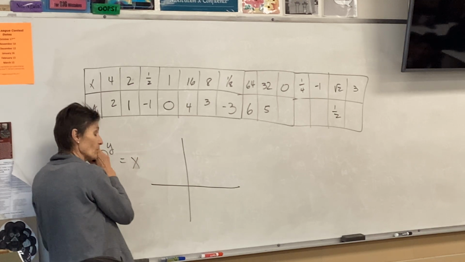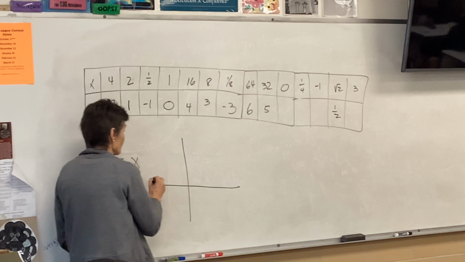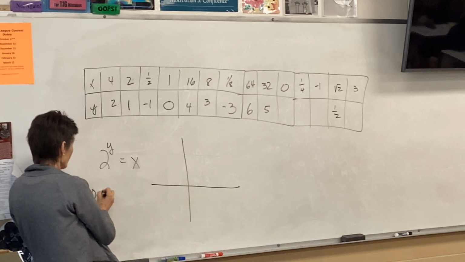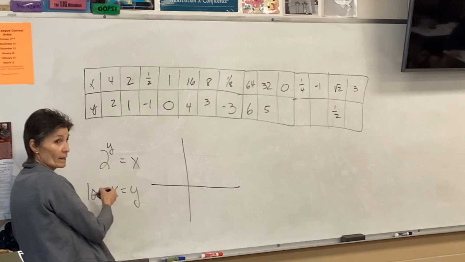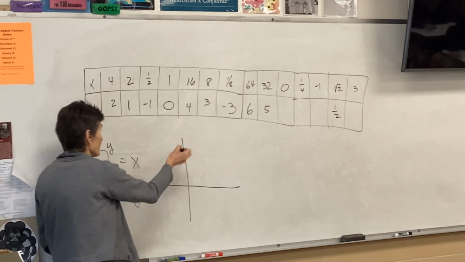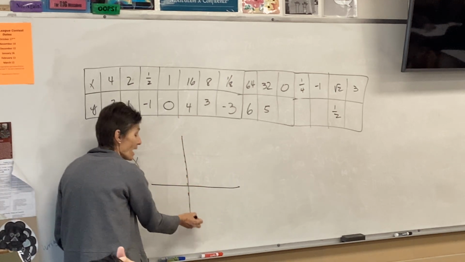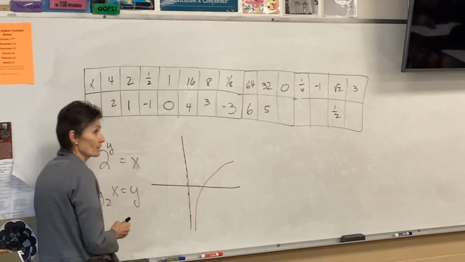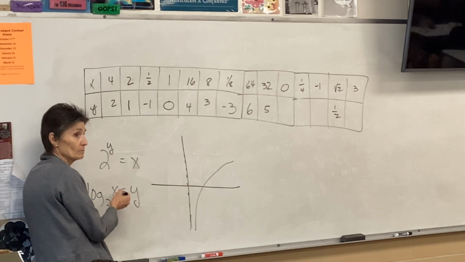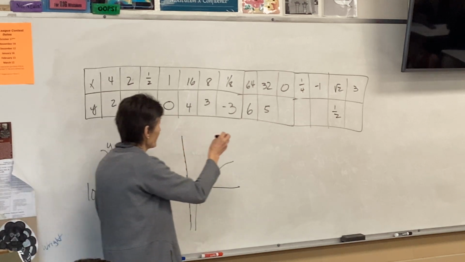And in a logarithmic function, this would say log base 2 of x equals y. That's really your equation. There's an asymptote at 0. Remember, it looks like this. X can't be 0. So that one's not possible.